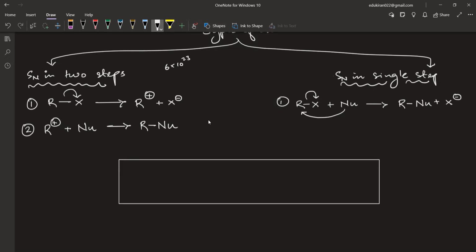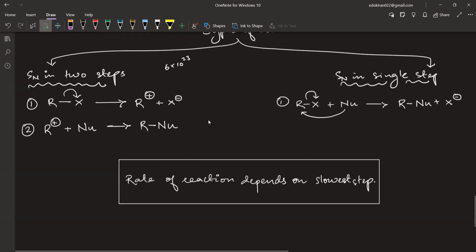Since we have not done chemical kinetics, I have to write this very clearly. Rate of reaction depends on the slowest step. Is this clear? Yes or no? Yes.